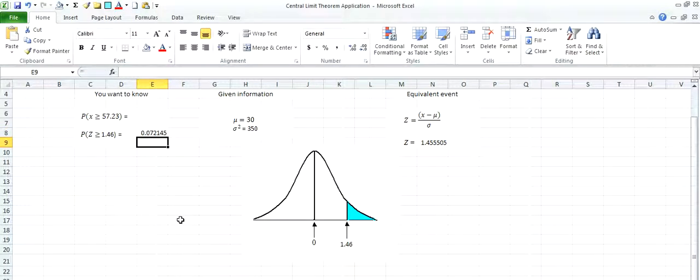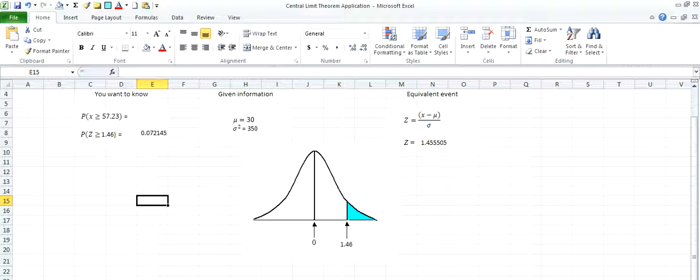Enter. So 0.072145, that is the probability that the sales figure in a randomly selected day will exceed $57.23 million. This is right-sided probability because we are interested in the right side of the curve.